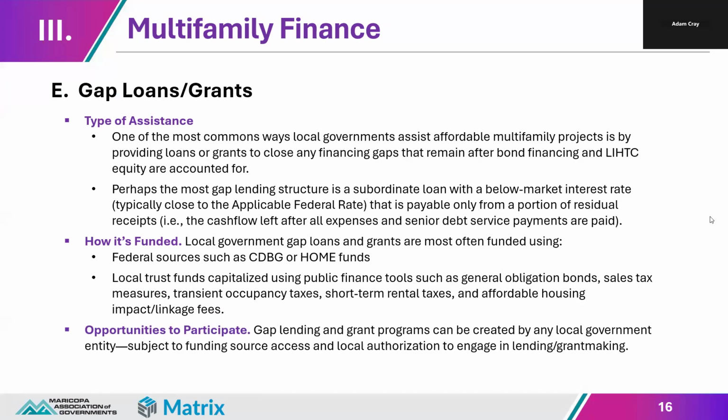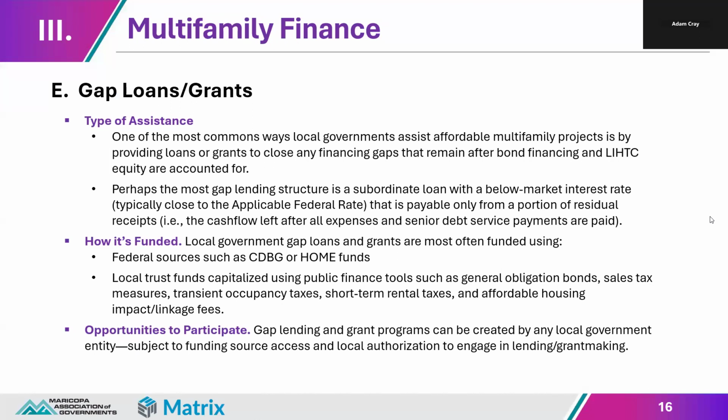Like I said, really one of the most common ways local governments assist affordable multifamily projects is through gap loans and grants. Most often, these gap loans are provided with some kind of a below market interest rate. It's often around 3%. It's typically around the applicable federal rate. And they're payable from residual receipts, which means that it's not a hard debt payment like a first mortgage, a senior mortgage.